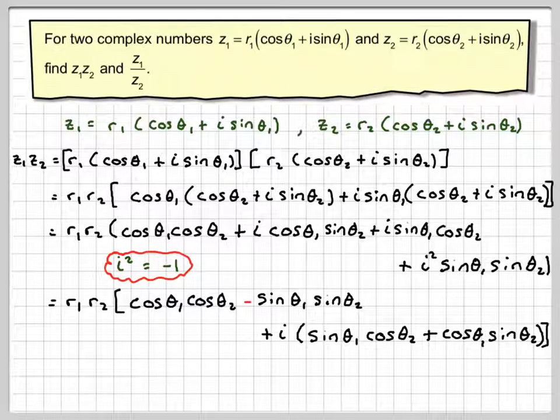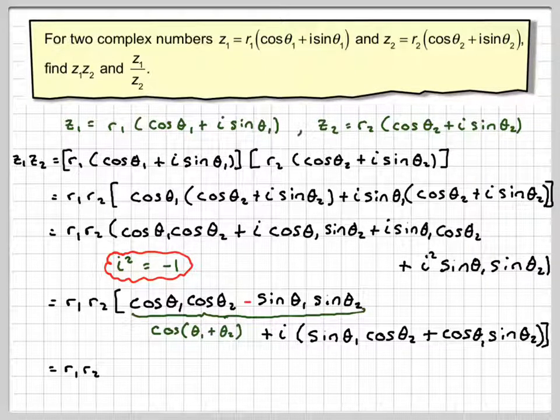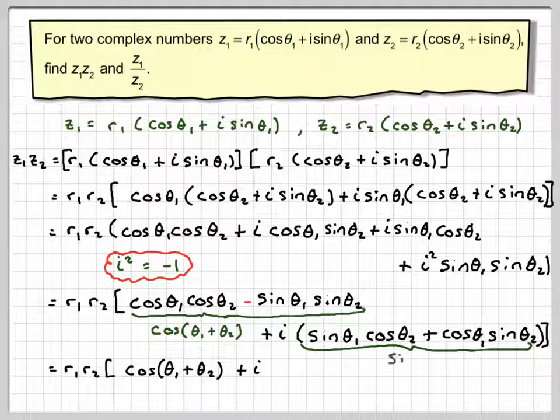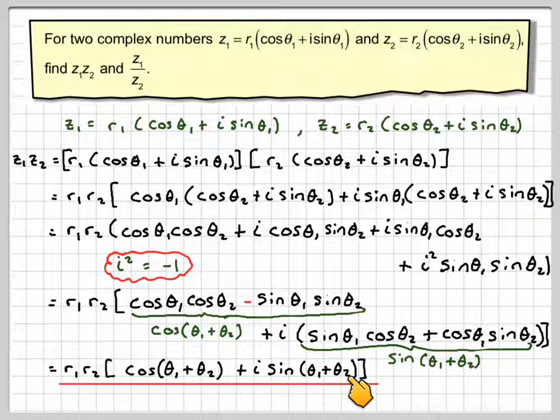Right, now we will recognise this bit here to be the same as cos(theta 1 + theta 2). And we will recognise from our trigonometry that this is going to be sin(theta 1 + theta 2). So it's i sin(theta 1 + theta 2). So that's the answer.